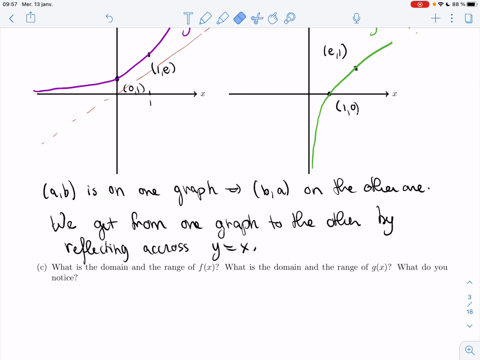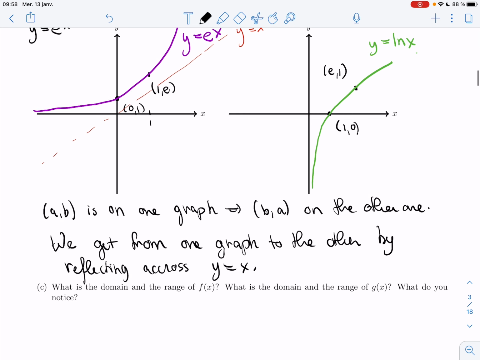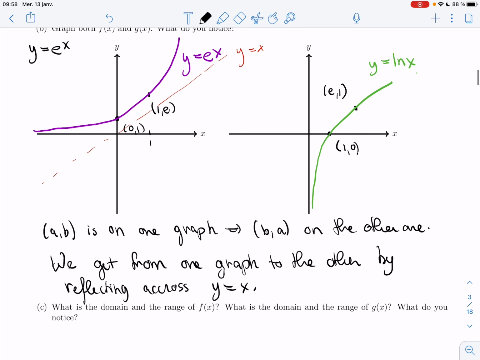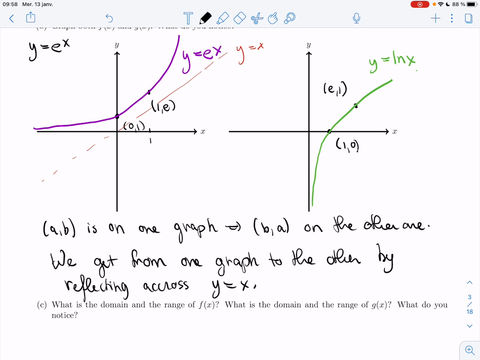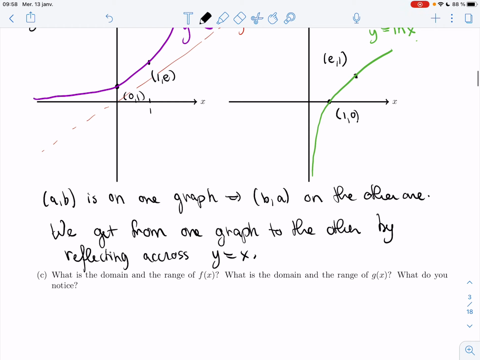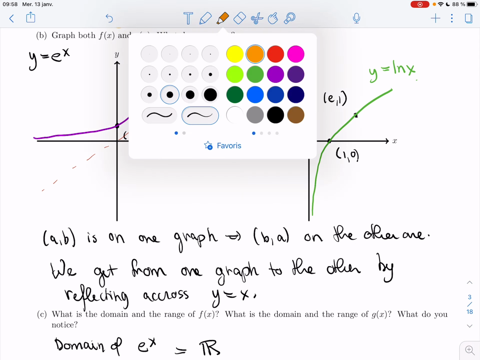All right, now I wanted to look at the domain and the range because that's something that we'll have to do for inverse trig functions. And it's more interesting here than in the cube where both were R. All right, so here the domain of e to the x: e to the x makes sense for all values of x, and you could see it, right?